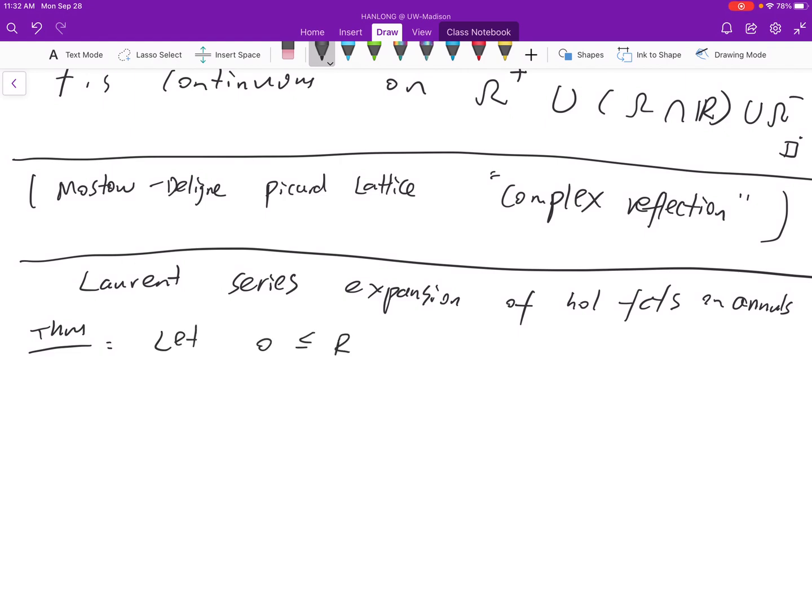Before, we already know how to do the power series expansion of holomorphic functions on a disk. But for later study, we want to establish a similar result for an annulus domain. Of course, you will see from the result, it's a little bit different from the previous case.